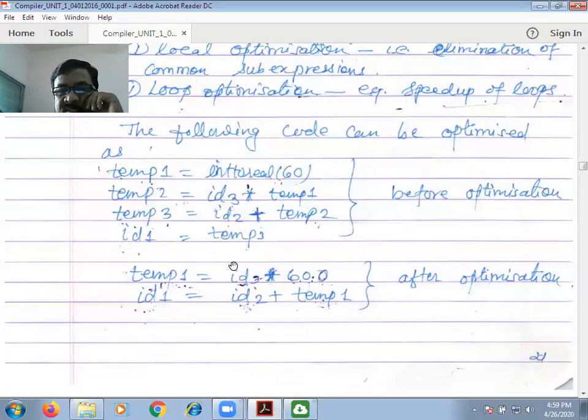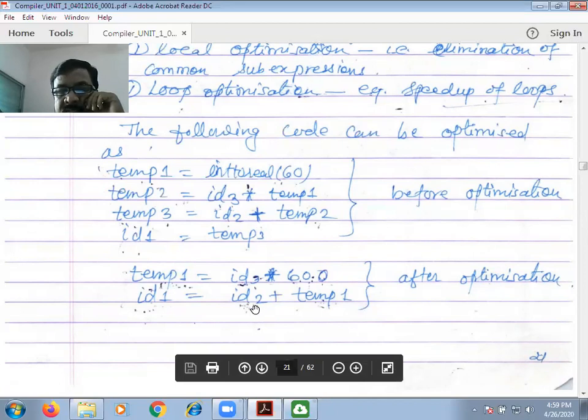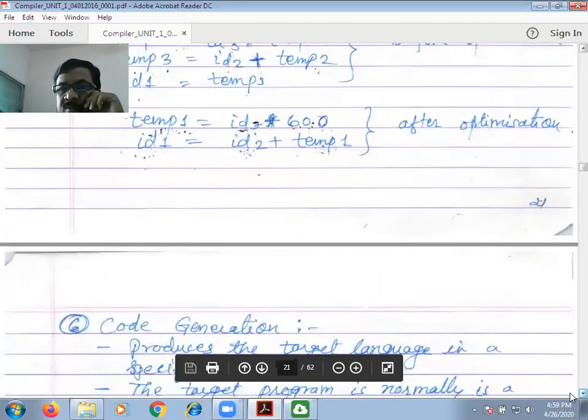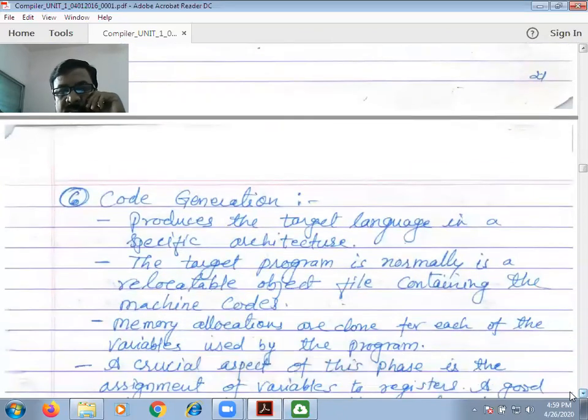That result is directly stored in temp1, and temp1's result we can directly add to identifier 2 and directly equate with identifier 1. So these 2 lines of execution will take less space and less time as compared to the above 4 lines of conversion. So here we optimize the code in terms of time and space.